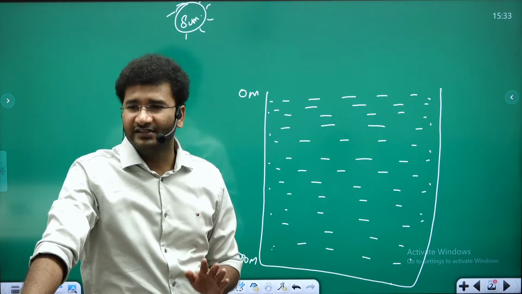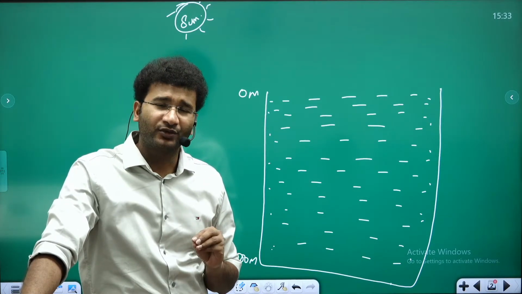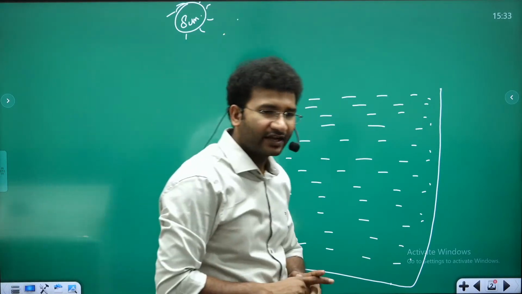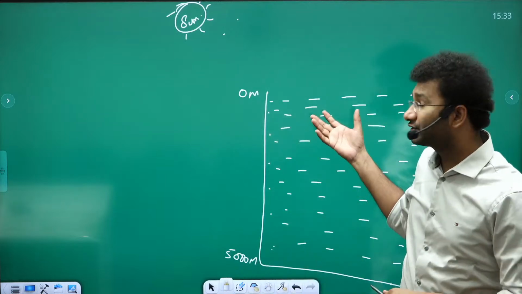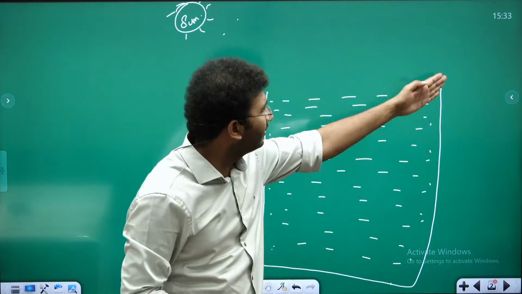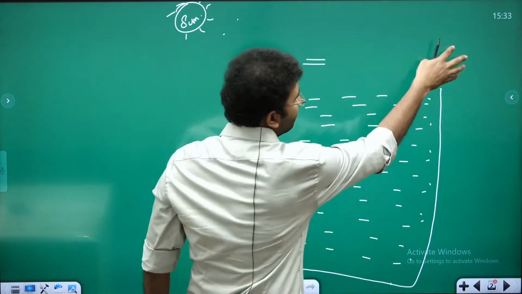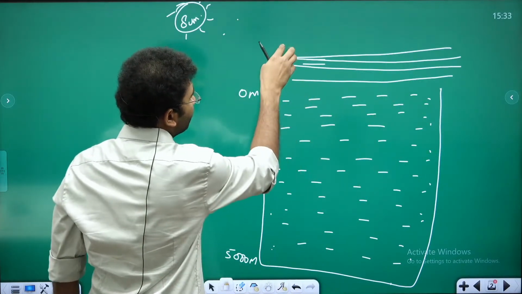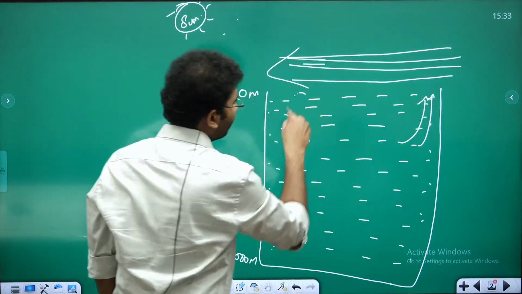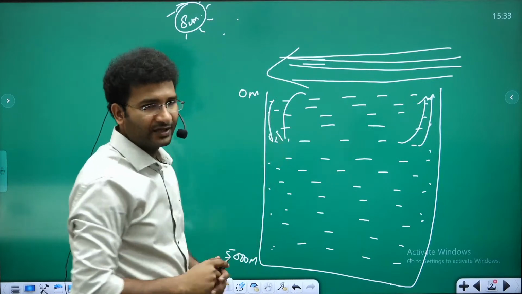So wherever there is sunlight present, the temperature of the ocean water is also influenced by sunlight. Number 1. Secondly, we have studied the temperature of the ocean water is also influenced by wind. Imagine that there is wind moving in this direction. ठीक है? So there is also upwelling here and there is downwarping here.